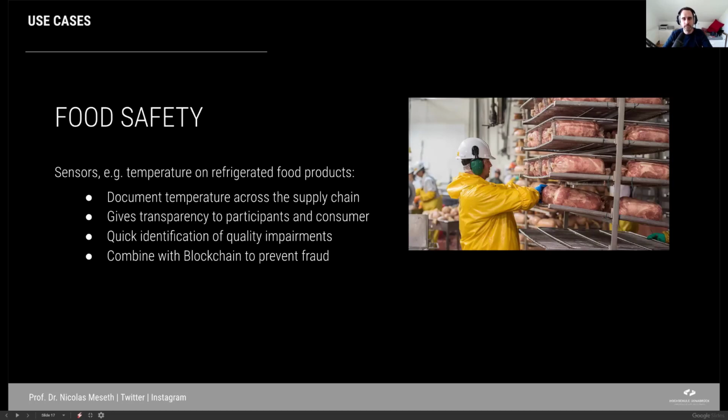So the whole idea is that we use sensors to measure temperature or other physical or environmental KPIs. This could also be the humidity, the temperature is of course very apparent for food. This could be sunlight if your product is very sensitive to sunlight.